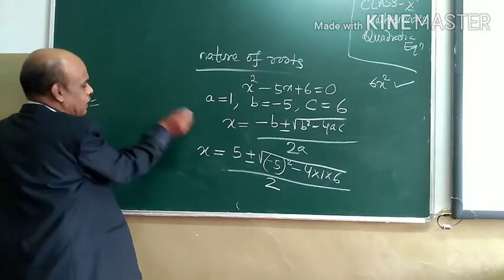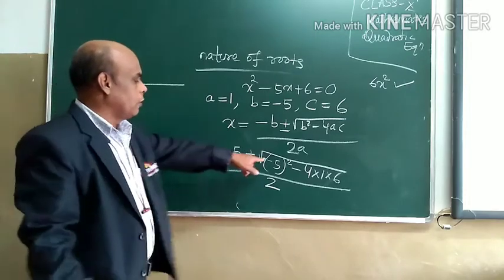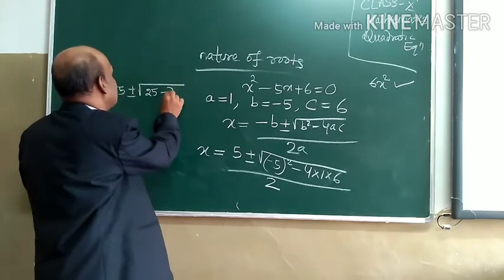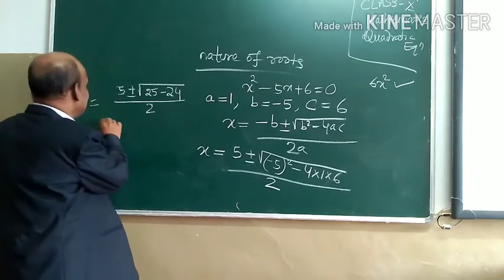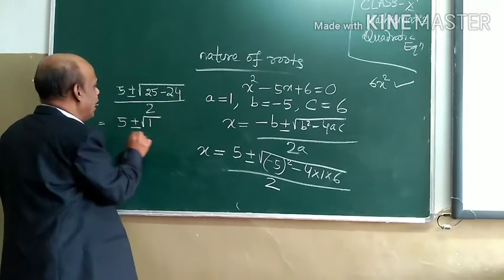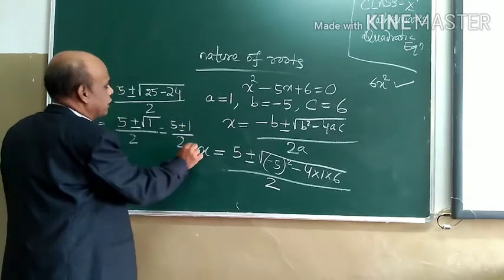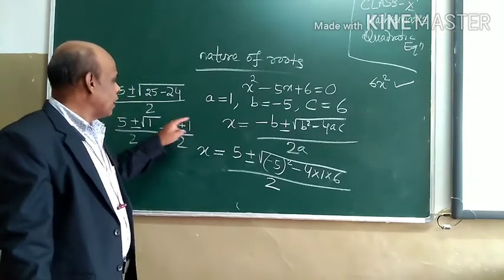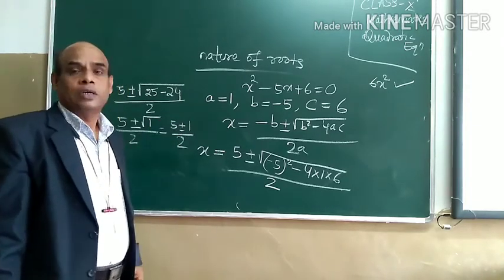So x is equal to 5 ± √(25 − 24) divided by 2, where the square of −5 comes to 25. So we get 5 ± √1 over 2, which means 5 ± 1 over 2. Now one value is (5 + 1)/2 and another value is (5 − 1)/2.